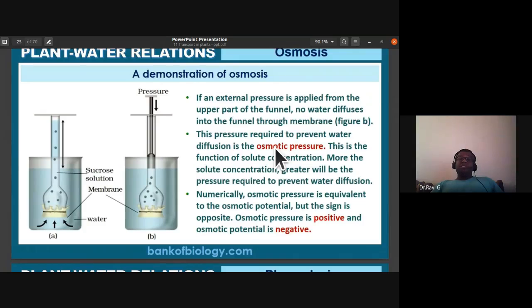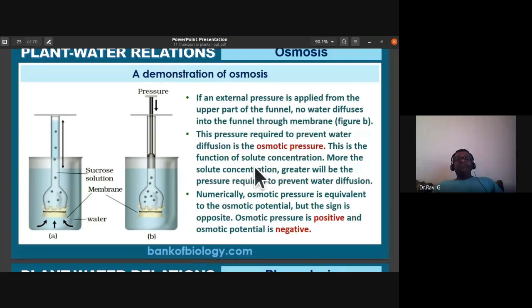There is no osmosis taking place and no flow of water. So the pressure required to prevent water diffusion is the osmotic pressure. The pressure required to prevent water flow by diffusion, we call it osmotic pressure.